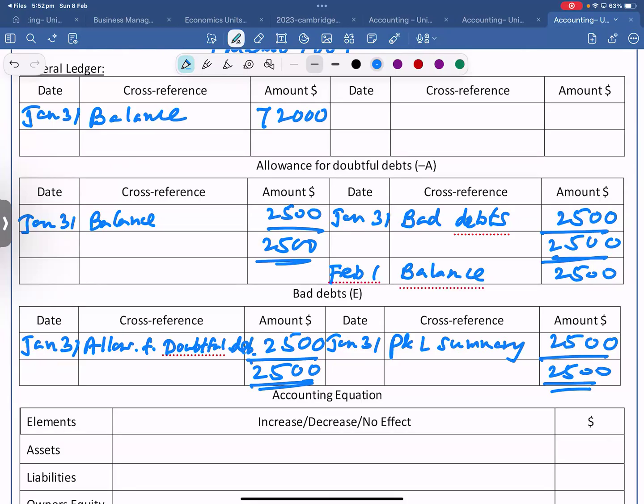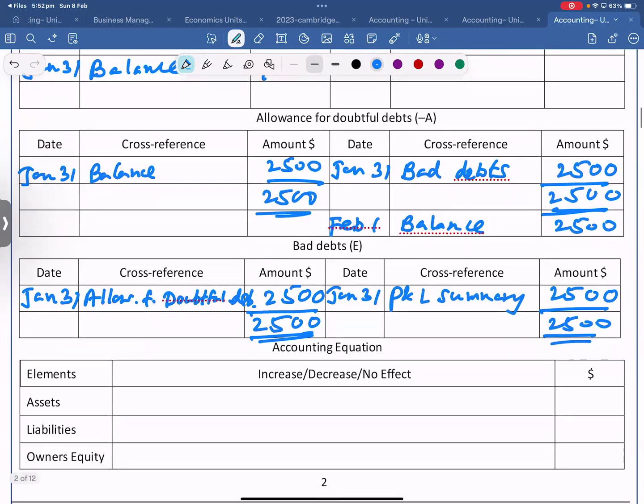And then you put that balance into the adjusted file, all balances.